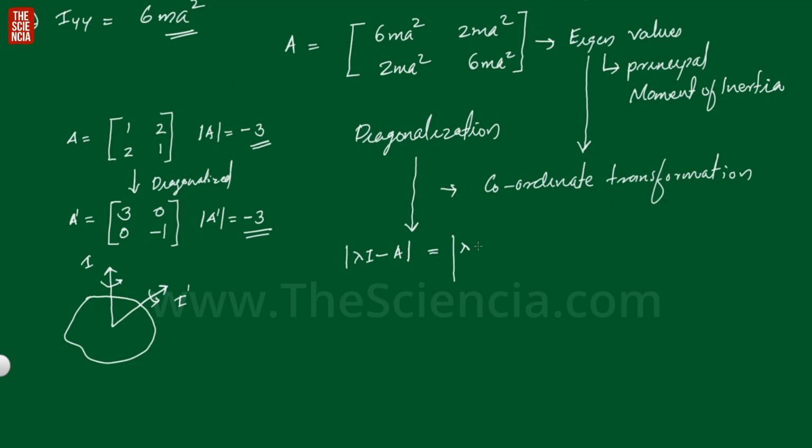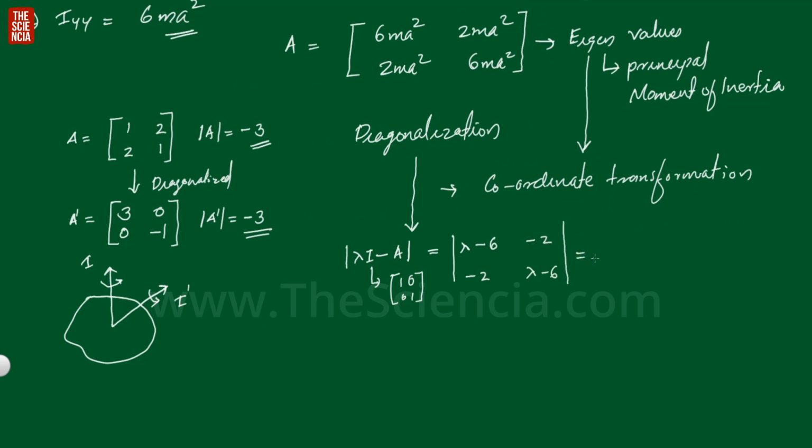here lambda into I, where I is the identity matrix, 1 0 0 1, minus A, which is 6 ma square. I am taking only the value, that is 6, and the off-diagonal is minus 2, again minus 2, and here lambda minus 6.